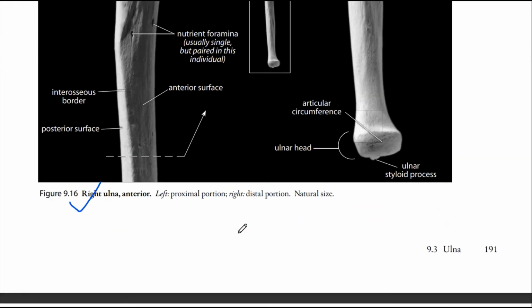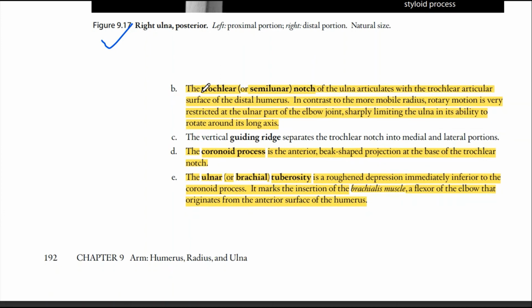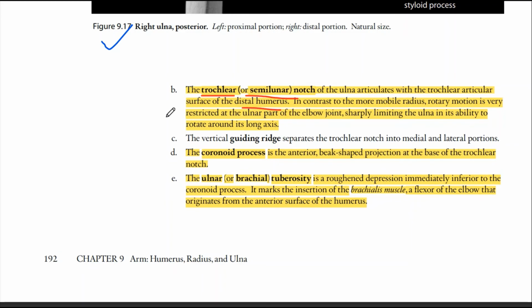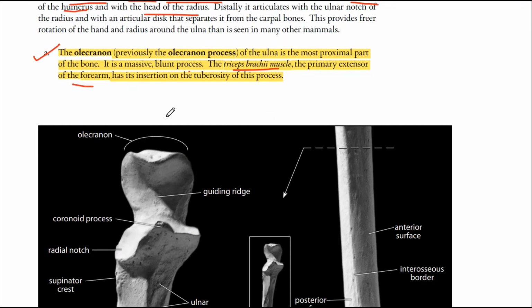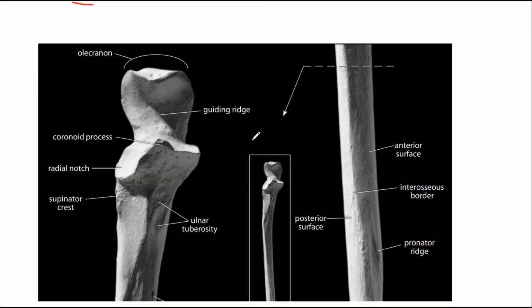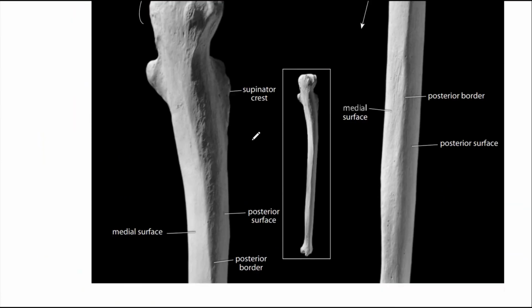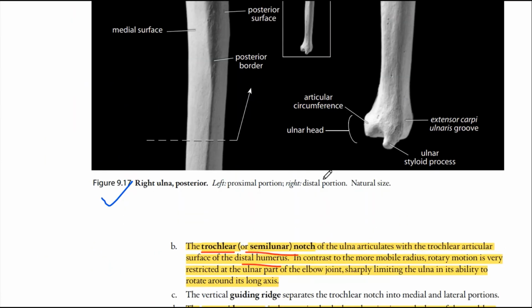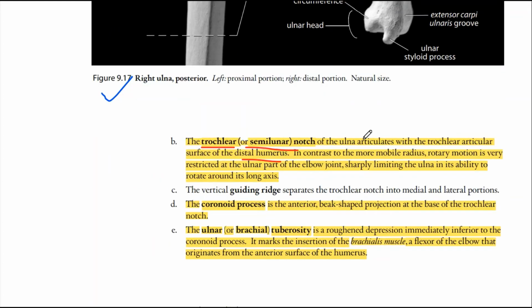Next, coming on to the other landmark, the trochlear notch. The trochlear notch of the ulna articulates with the trochlear articular surface of the distal humerus.